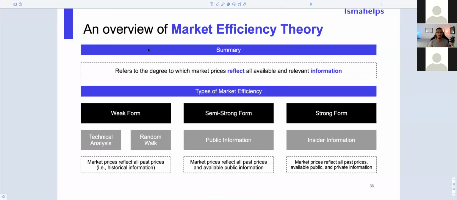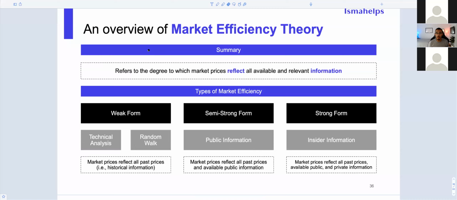So that's really important. Now to tie a bow on this idea of weak form market efficiency, what you want to remember is that if a market is weak form efficient, the overall stock market is going to reflect all past prices. In other words, it's going to reflect all historical information.